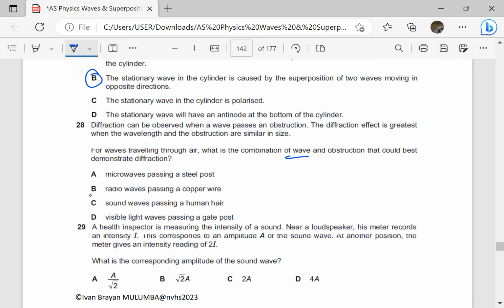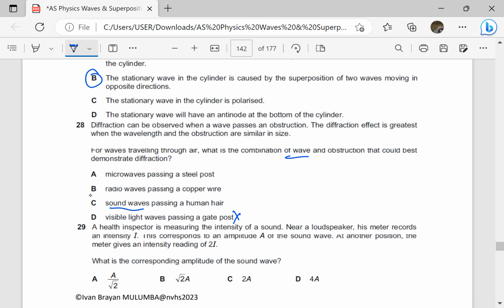Microwaves passing a steel post, radio waves passing a copper wire, sound waves passing a human ear, visible light waves passing a gate post. Here this will not show good diffraction because visible light has a very small wavelength.